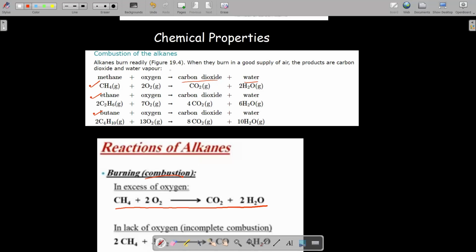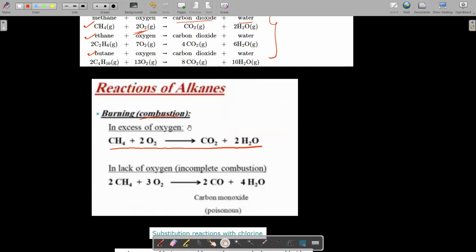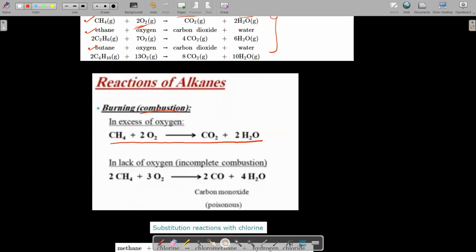And one more thing to note is the key to balancing these equations: if you balance the oxygens correctly, then you can easily get the equation right.